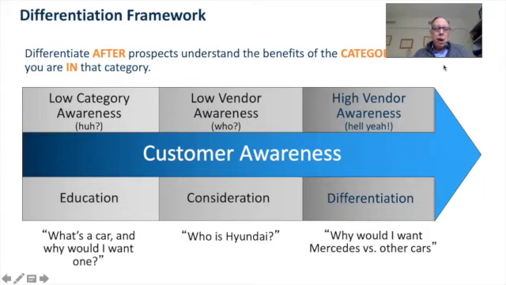So if you are 100 years ago a farmer in Iowa and I'm Henry Ford trying to sell you the first automobile you've ever seen, if I differentiate by saying, hey, you should buy my automobile because it has the most efficient carburetor, you're going to say, what's a carburetor? What's an automobile? Get out of my barn. I have completely missed you by focusing on differentiation too soon.